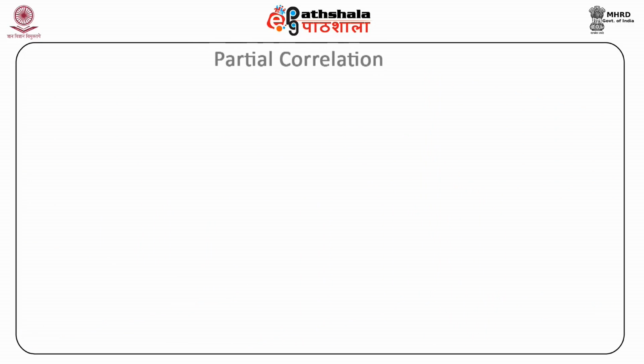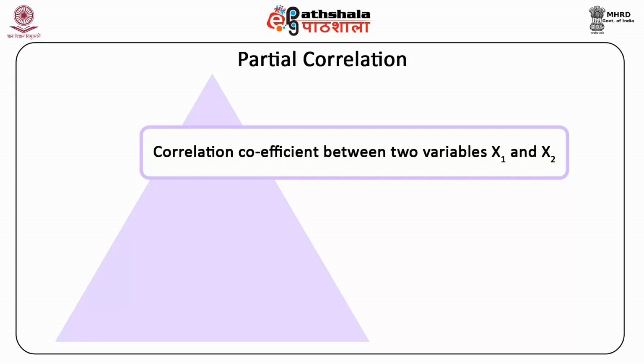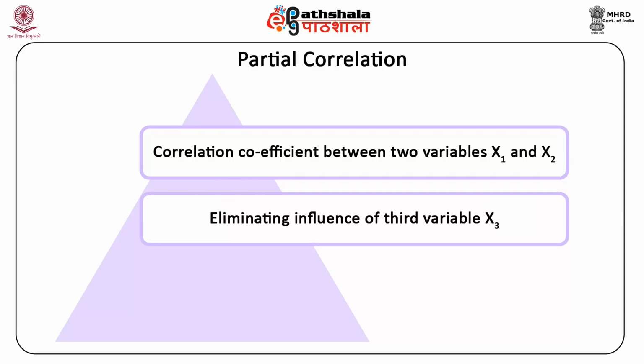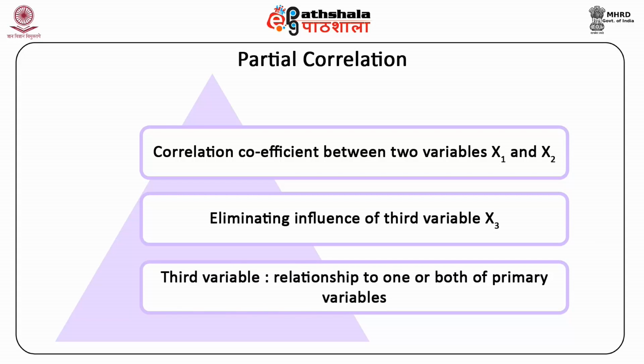We define the partial correlation coefficient as the correlation coefficient that exists between two variables x1 and x2, studied partially after eliminating the influence of the third variable x3 from both of them.